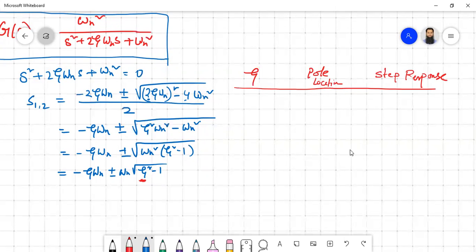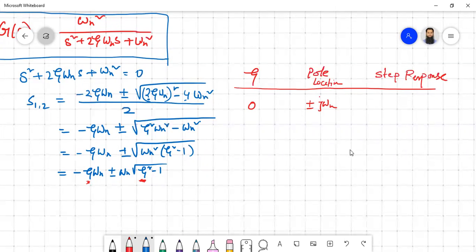Okay, so if zeta equal to 0, what are we left with? This portion will vanish, so there will be no exponential decay. And the root over minus 1 will give us plus minus j omega n.